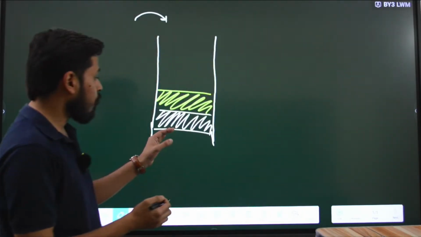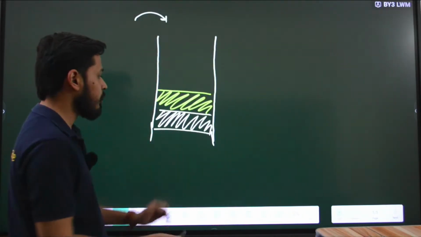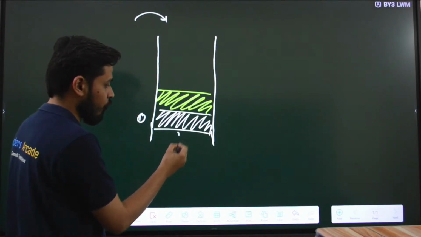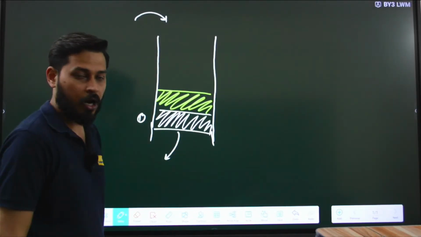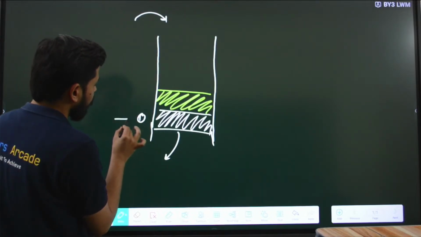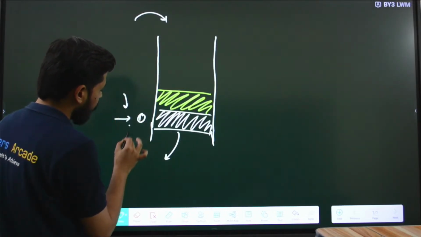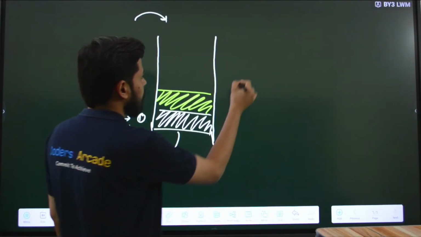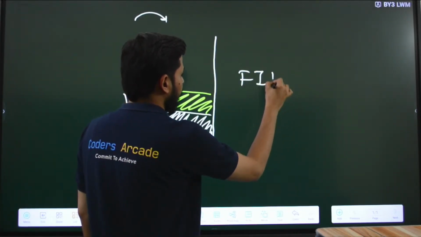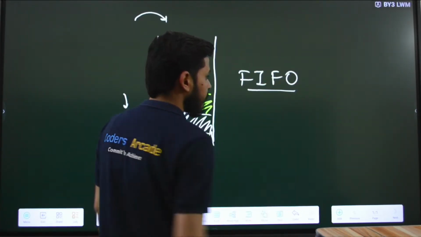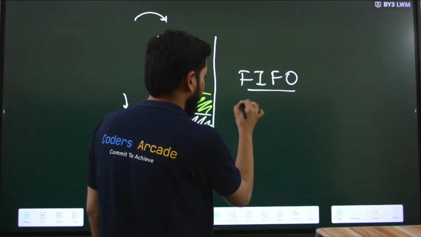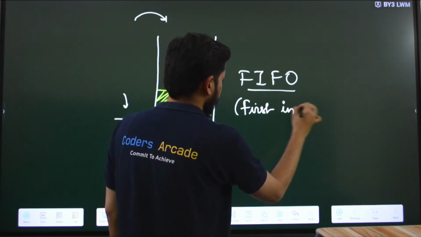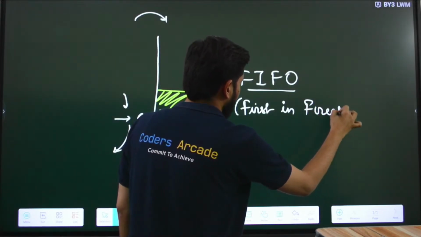It is open from beneath, and because of this, the very first element that came in is going to be the first element to go out. So we say first in and first out, like this. This is how the concept of first in, first out is implemented. So I'll write here properly, first in, first out.